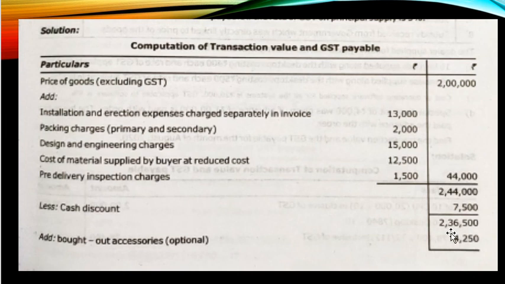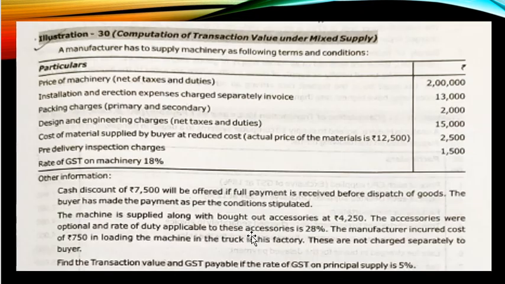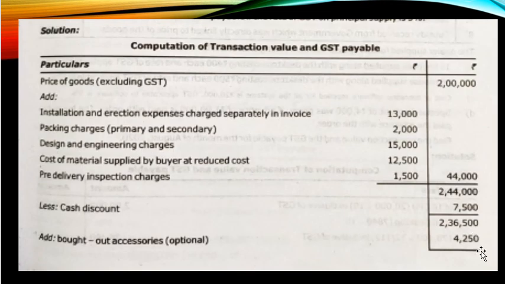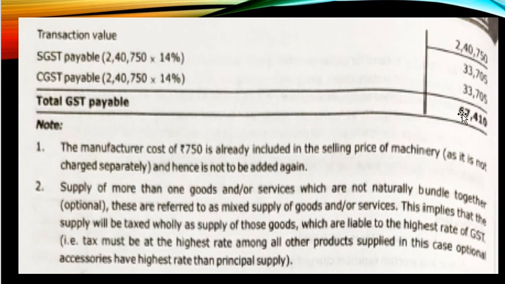As this is a mixed supply, we will add the accessories bought, which are optional. The accessories bought are 4,250. So add 4,250, and the transaction value is 2,40,750. On this value we will add GST.